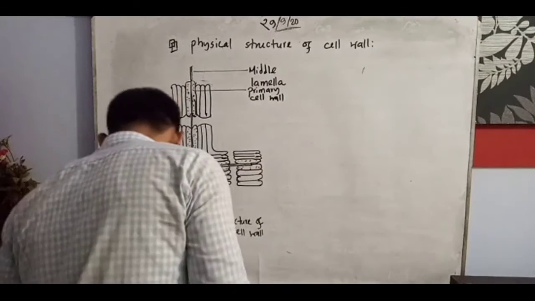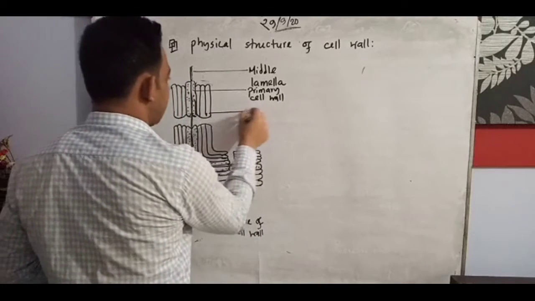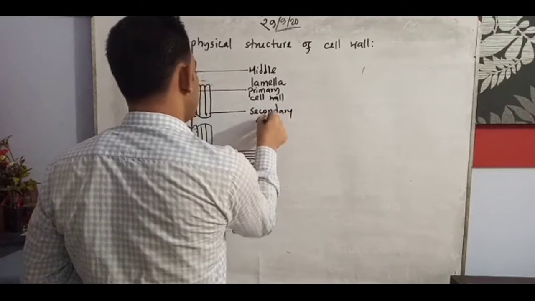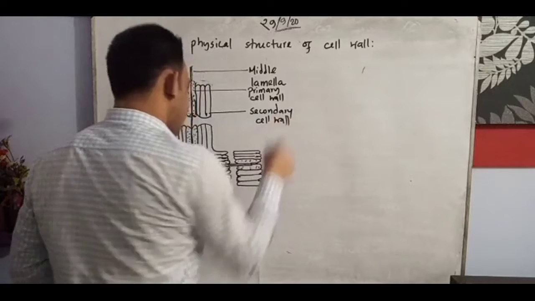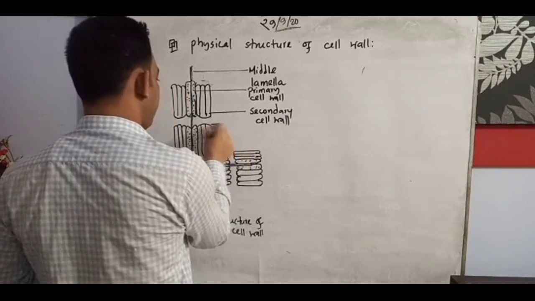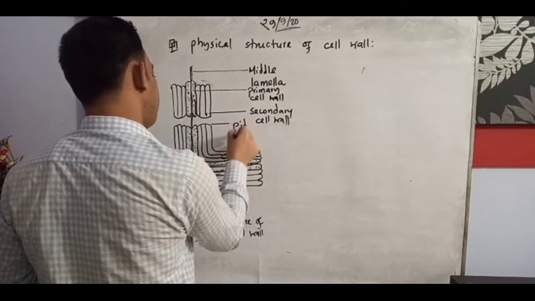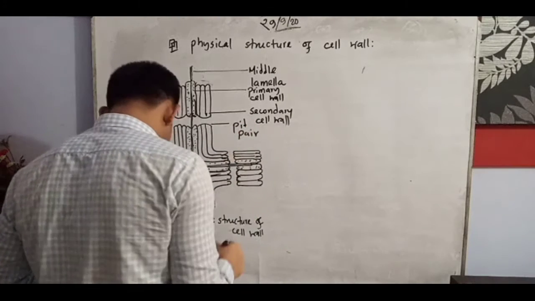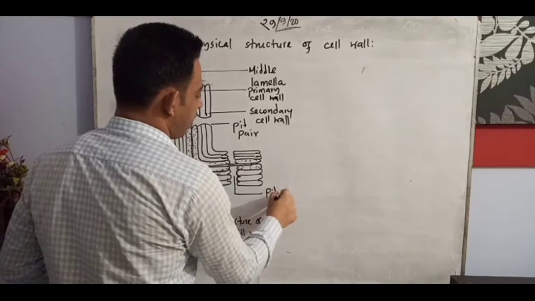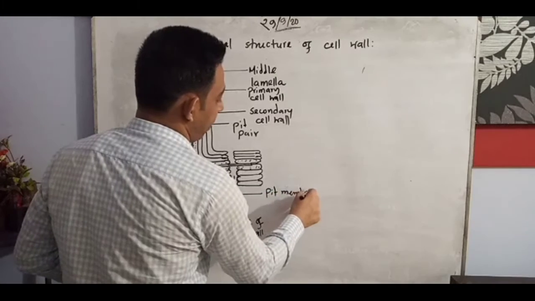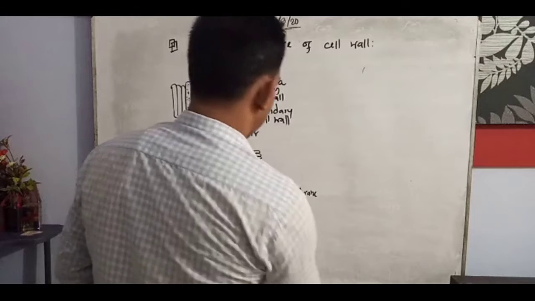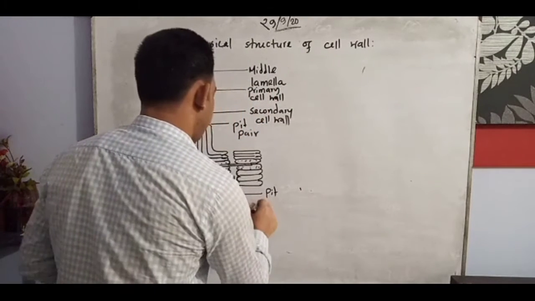Yes, and this part is the secondary cell wall. And we can see the pit pair there, and here we can mark the pit membrane. So this is the figure we draw, marking that part, the pit membrane.